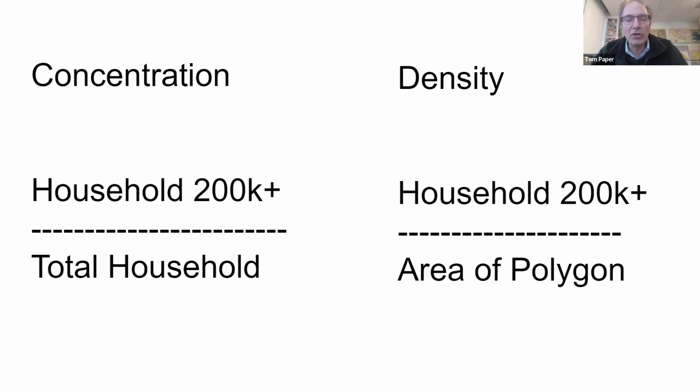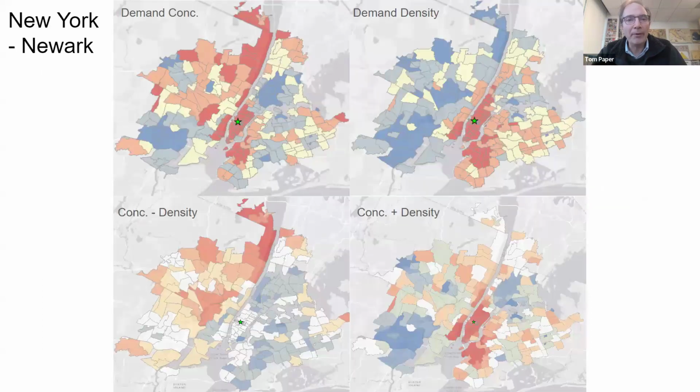So let's go to New York. And in the upper left, we've got by zip code concentration. So again, this is the richness metric. So you can see 200K households as a percentage of the total for zip codes. And so you can see in Manhattan and in New Jersey, all the way up from the upper parts of New Jersey, and then also in Brooklyn, all very rich on a concentration basis.